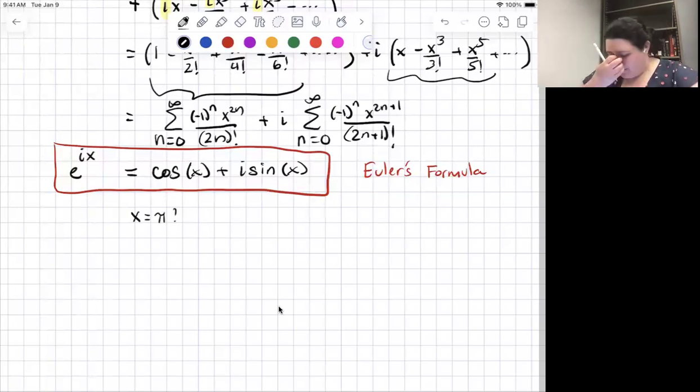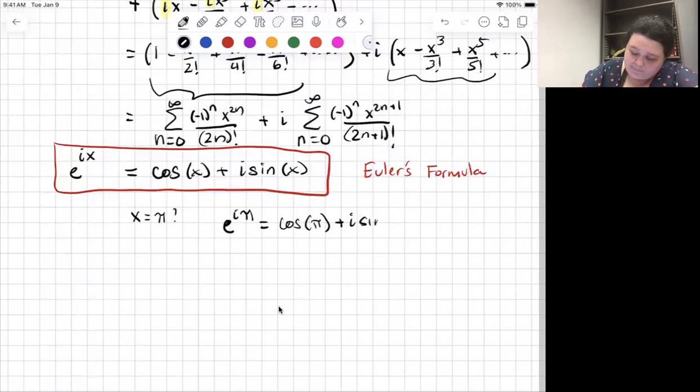Well, if I use this relationship between exponential, sine, and cosine, what I end up getting is e to the i pi equals cosine pi plus i sine pi.